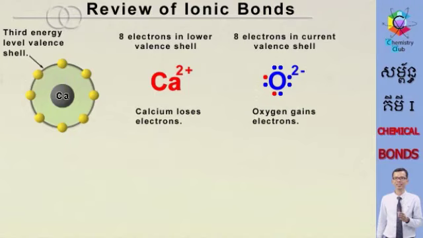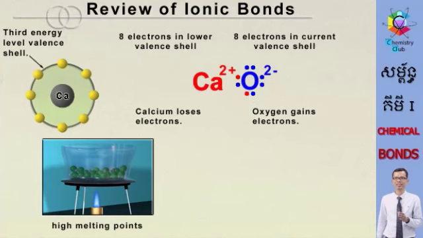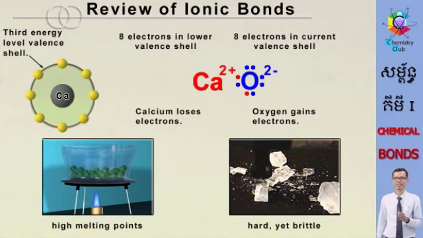The attraction between cations and anions is so great that the ions come together, forming an ionic bond. Ionic bonds are formed between a metal cation and nonmetal anion. Ionic bonds result in neutral ionic compounds that form a crystal lattice. The crystal lattice structure of ionic compounds confers many of the properties of ionic compounds, including their high melting points and their hard yet brittle character.